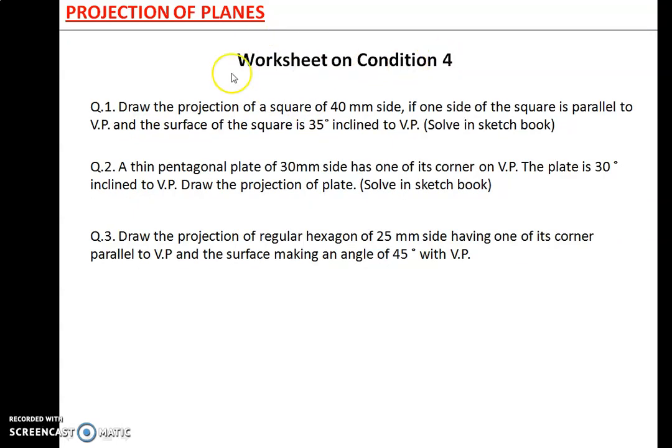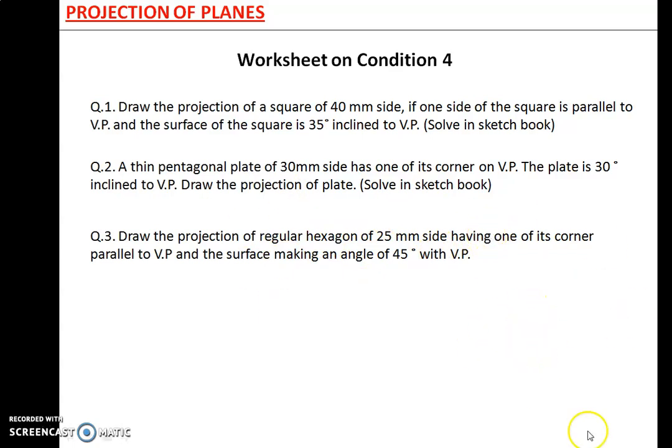Now here I have given some problems on condition number 4, and the best thing is solution is not there. So by just going through the problems, deciding the assumption for first step, try to solve the problems. Now I will not give you the solution of these 3 problems. You on your own have to just imagine the things and try to draw it.